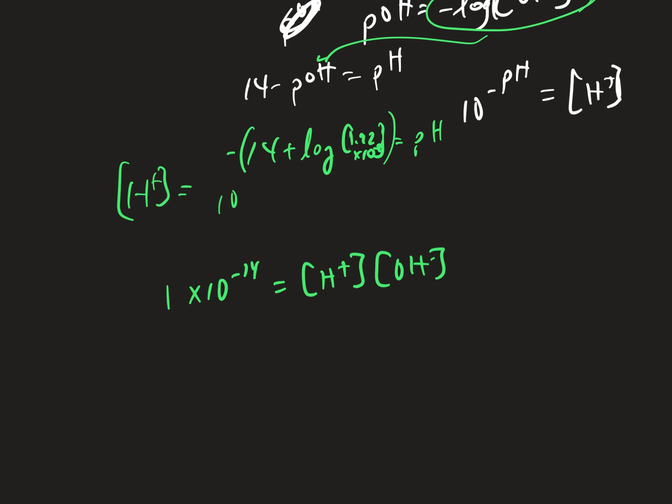It's not on our sheet. So if you want, you can write that one on your reference sheet, but that would save you some time. The one that I had written down was the same, except it had Kw, which was the constant of water.